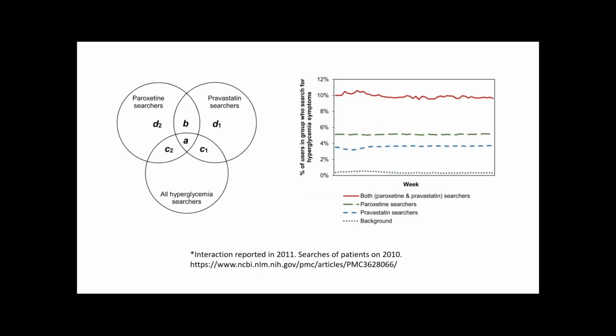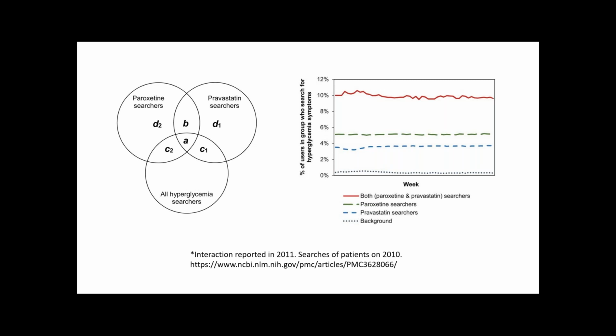Another nice example of this kind of approach is this one, where the researchers identified an interaction between paroxetine and pravastatin that was linked to increasing the risk of hyperglycemia, and this interaction was reported in 2011. So they tried to check what patterns of web search happened 1 year before that interaction was even reported.